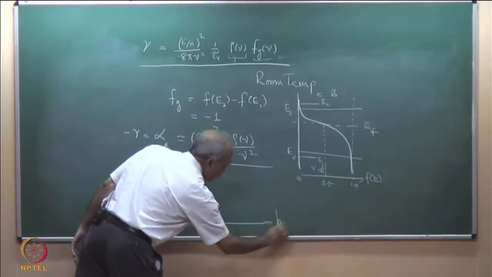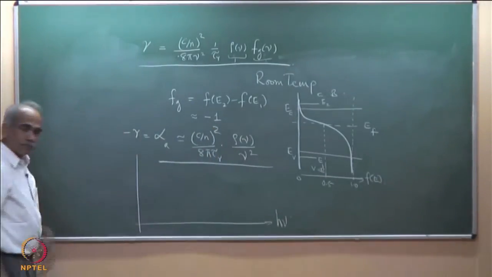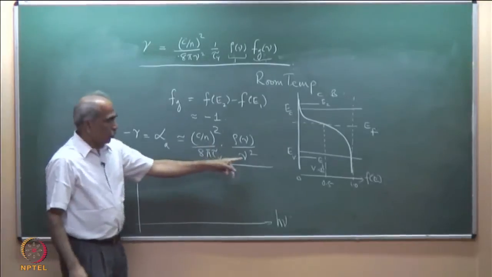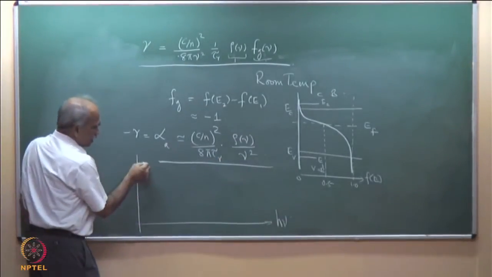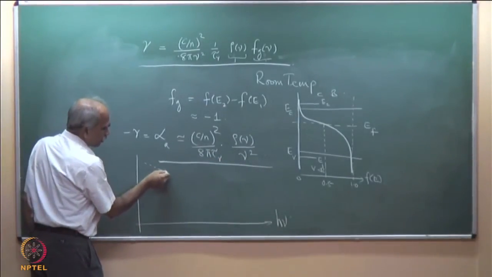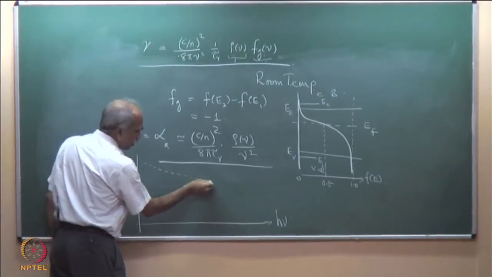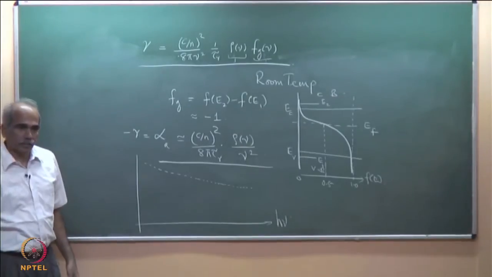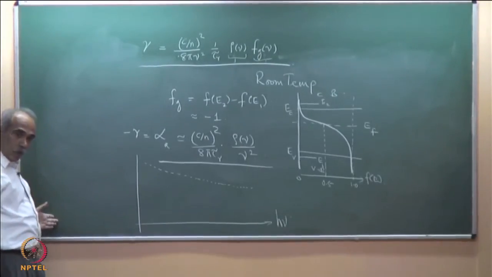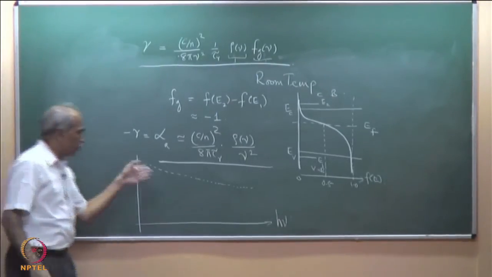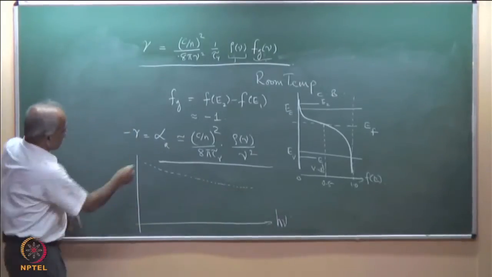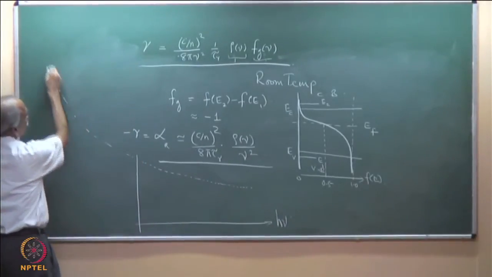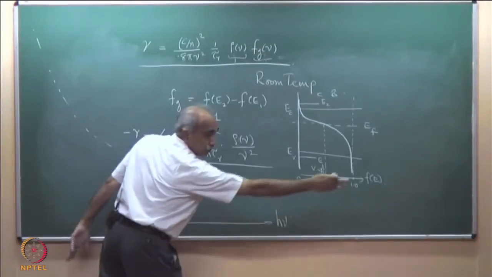So this is h nu. 1 over nu square is a monotonically dropping function, a 1 over x square dependence. Remember that we are coming from a long range. So this is actually going like this and going down to 0.